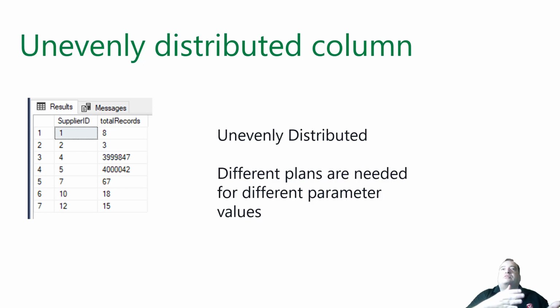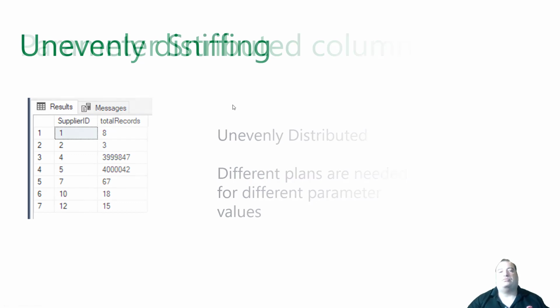And the opposite also happens. The plan that works well for supplier IDs 4 and 5 will not work well for supplier ID 2. So, in this case, the data is not evenly distributed, and parameterizing a query over the supplier ID in this example is a bad idea. It will have bad results.